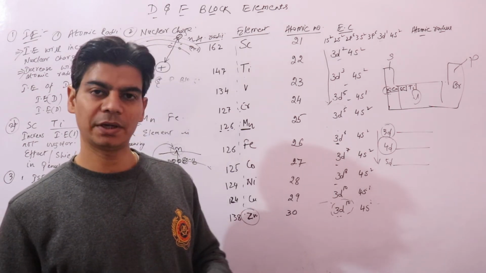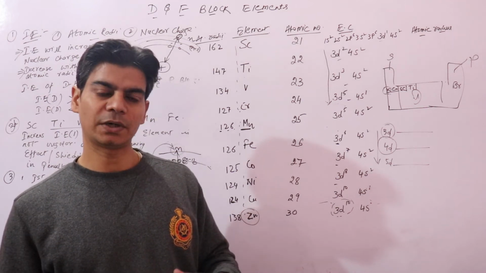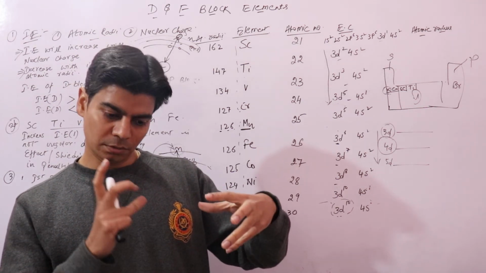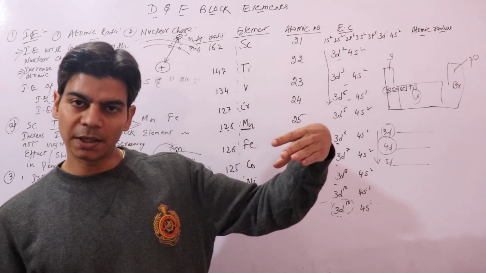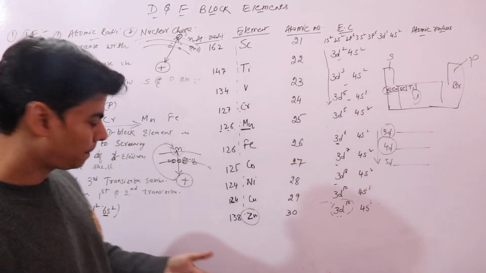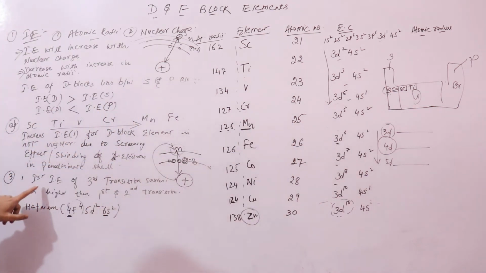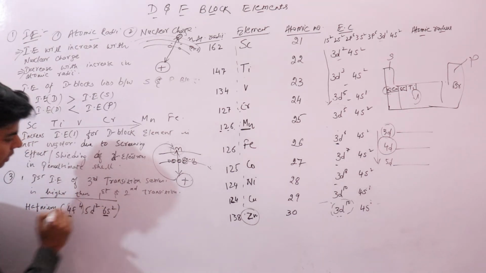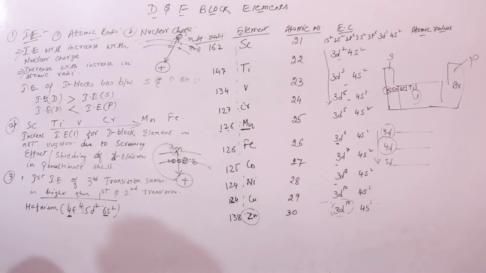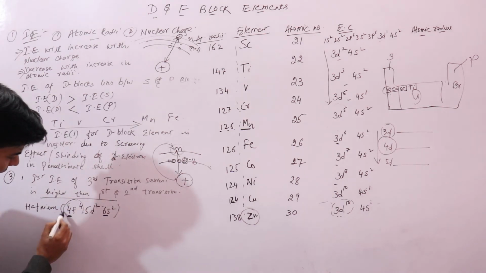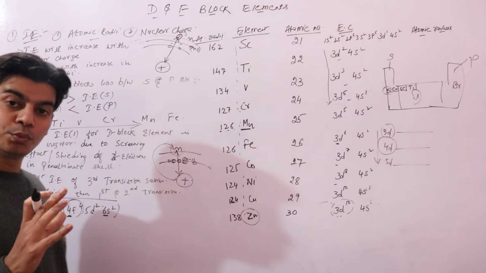So when the shielding effect is very less, the force of attraction between the nucleus and the outermost electron will increase, right? So your ionization energy of the third transition series would be higher than the first and second transition series. The simple reason is these f electrons cause poor shielding effect.